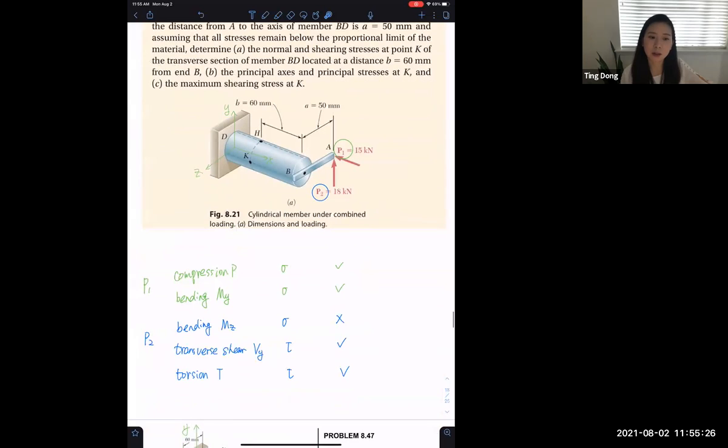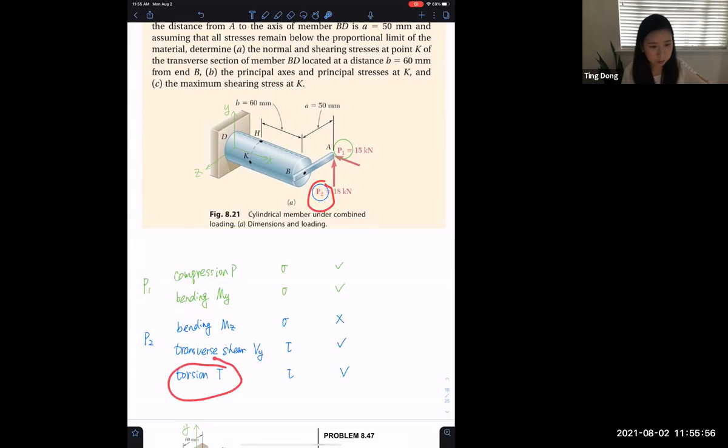And this one is the one that has the torsion involved. Just by imagining the force applied, if we apply a force like this, you can imagine that it can rotate this bar AB in this way. So of course, this force P2 will generate a torsion.